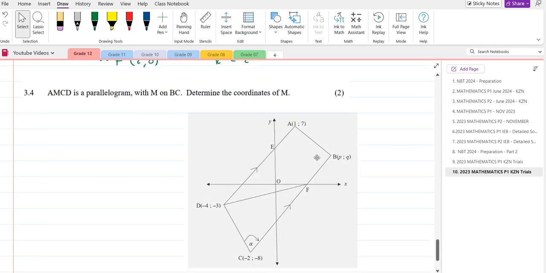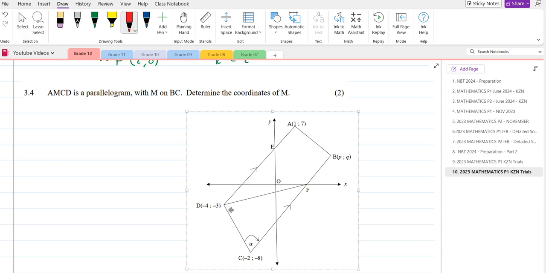Now what's happening is they're telling us that AMCD is a parallelogram. AMCD, CD. So M needs to be somewhere around here, with M on BC. M needs to be on BC.